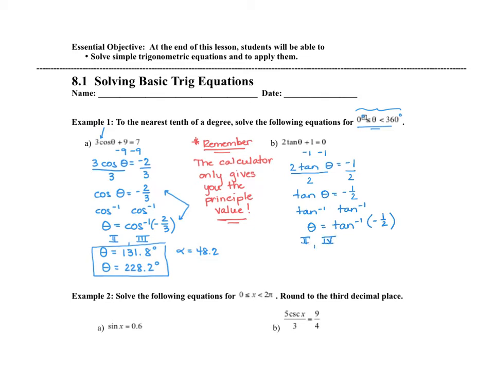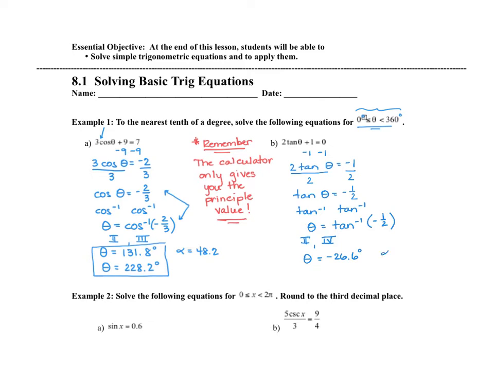So when you plug the inverse tangent of negative 1/2 into your calculator, it'll give you a value between negative 90 and 90. You should get negative 26.6 degrees.